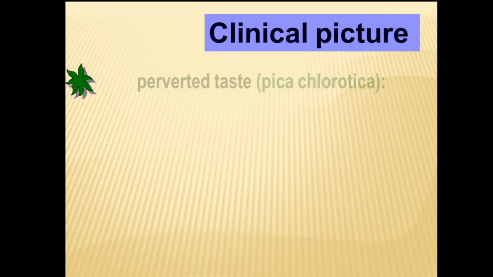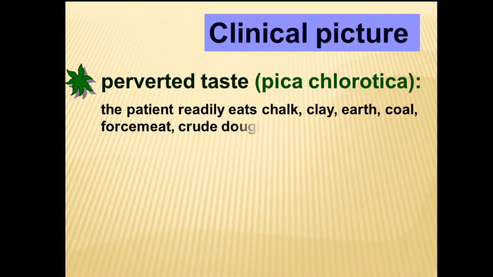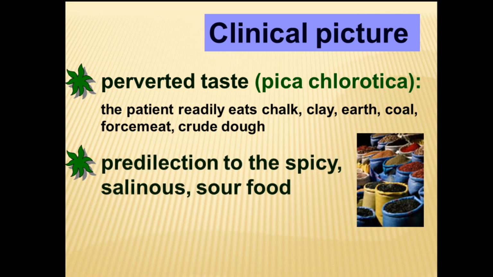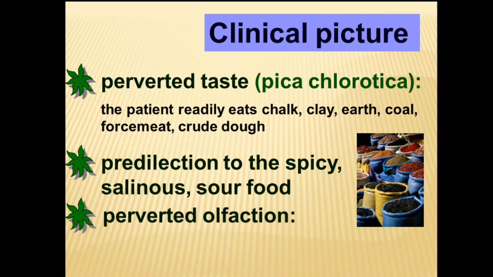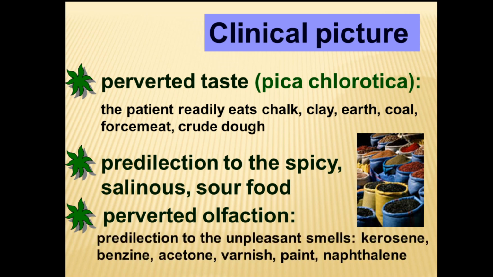The clinical picture is characterized by perverted taste, pica chlorotica. The patient has a craving for chalk, clay, coal, and raw dough. The patient feels a predilection for spicy and salty food. We will pay attention to his perverted smell. The patient feels a predilection for unpleasant smells: kerosene, benzene, acetone, paint, naphthalene.